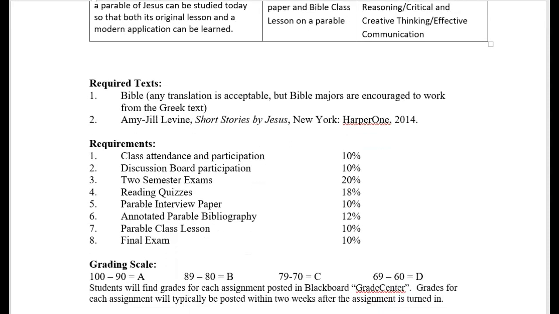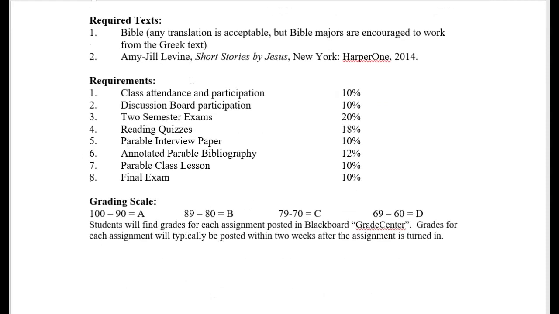Participation is primarily measured by how well you engage in the class, questions that you might ask, being willing to read when I ask people to read. So that's participation. This is a hybrid course, and one of the things we're going to be doing in the course are discussion boards so that you can interact with other students, sharing with them how you are reading parables, helping them understand a little bit more about how they are approaching these parables, engaging with the book that is assigned.